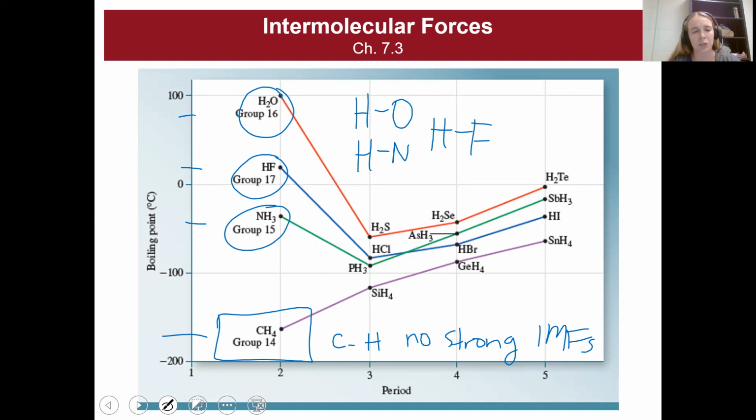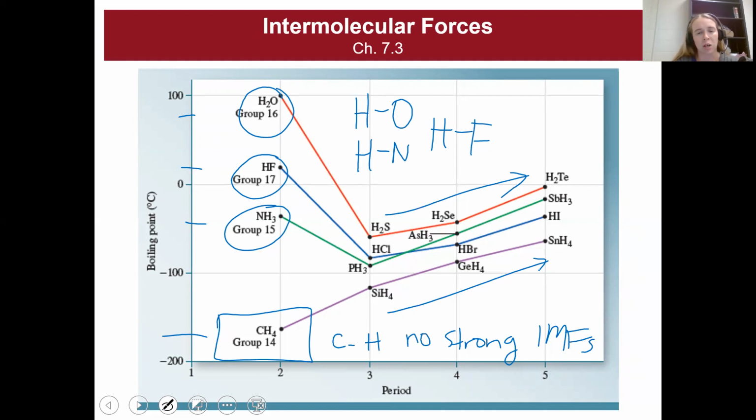So again, just like with the dipole-dipole interactions, when we have a high boiling point, that means that we have strong intermolecular forces. And then we go back to all these other things that don't have hydrogen-oxygen, hydrogen-fluorine, or hydrogen-nitrogen bonds.